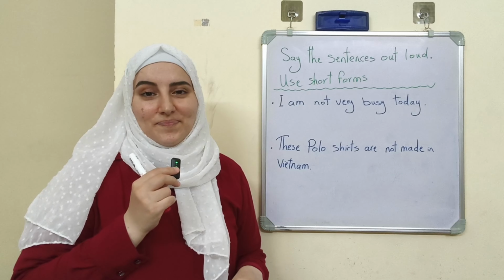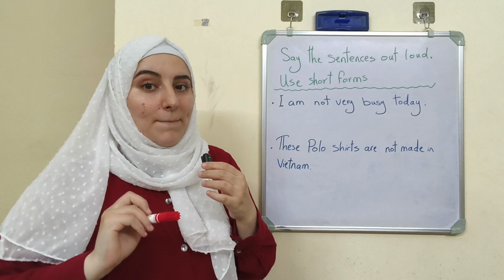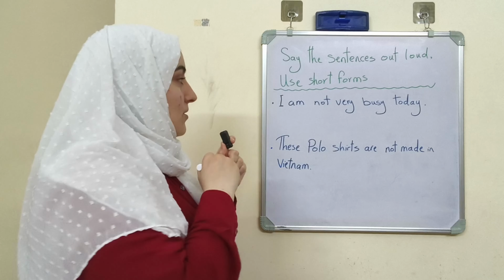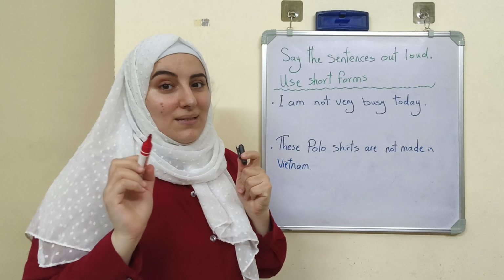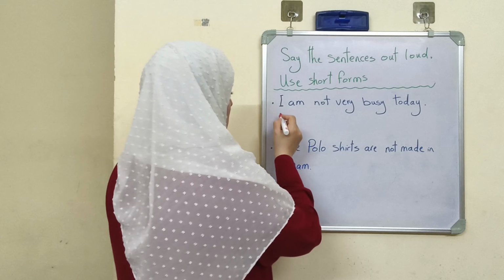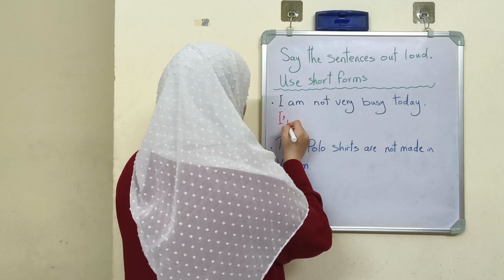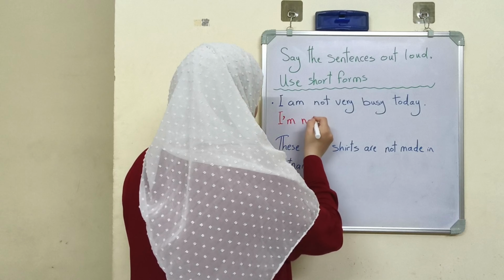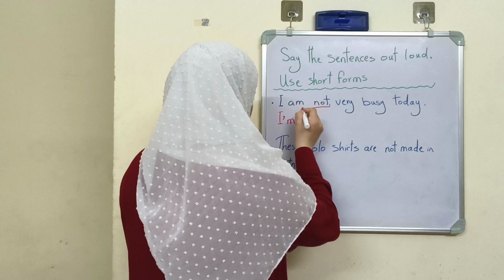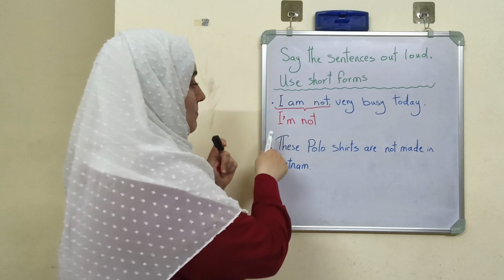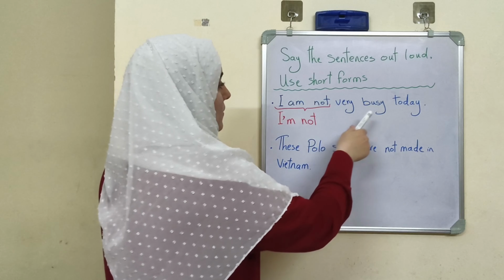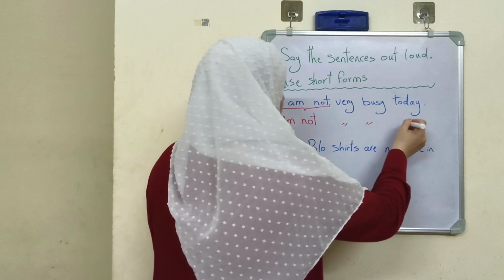We can say I'm not. Remember, we can't say amn't. That is incorrect. So I'm not. See? I'm not very busy today.